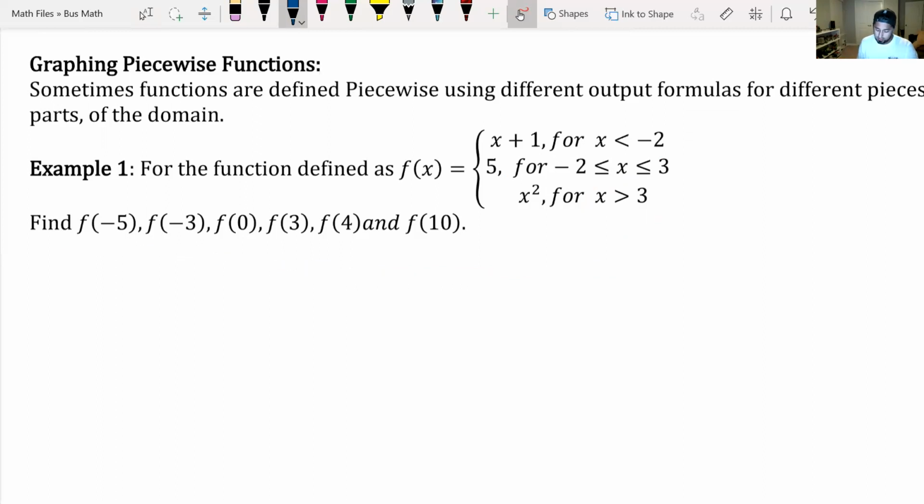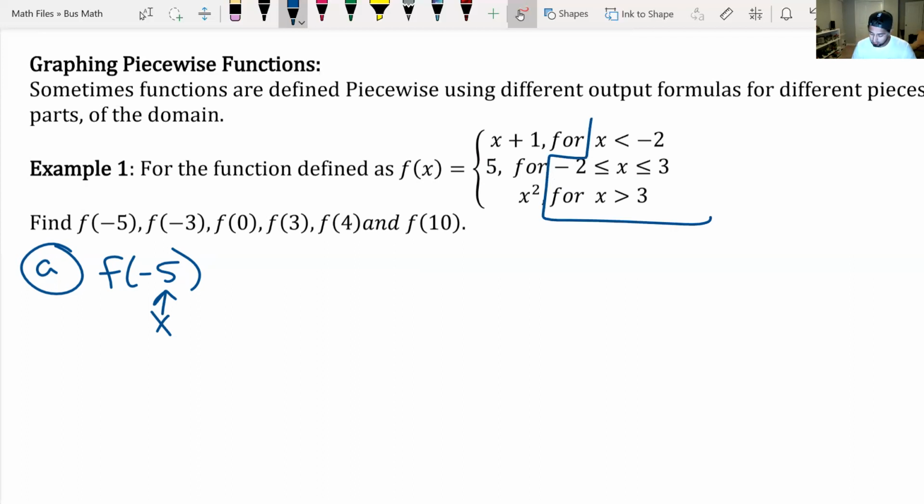Okay, so for the first one, we'll just say A. F of -5. So remember, this is our x value. So this says, when x is -5, what part of the piecewise function can we use? So we have to check our 3 restrictions and see where -5 fits. And we check the first restriction. Is -5 less than -2?